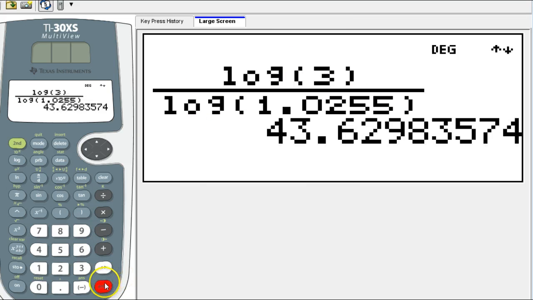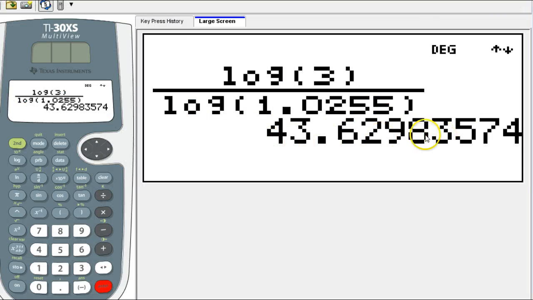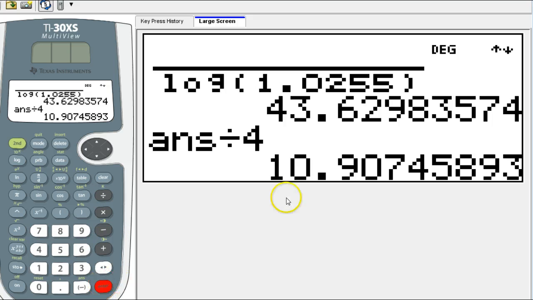You could go ahead and hit enter and get this decimal. Now you know that we have to still divide by 4. So you don't need to round or anything. You can just go ahead and now hit divided by 4. So that gives you the exact same answer that we got when we typed it all in at once. Alright, 10.91. So most students are more comfortable doing it this way.